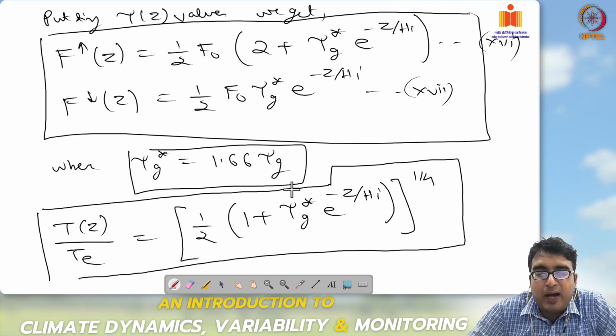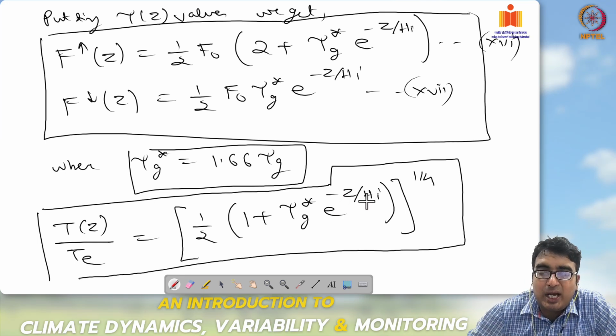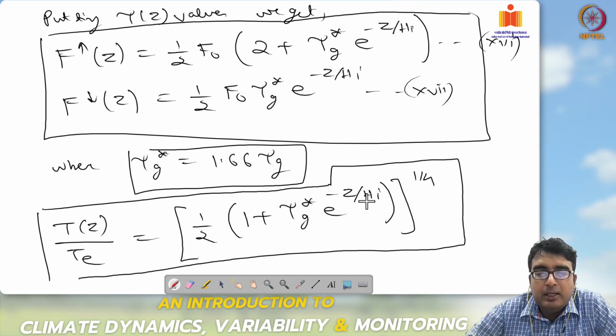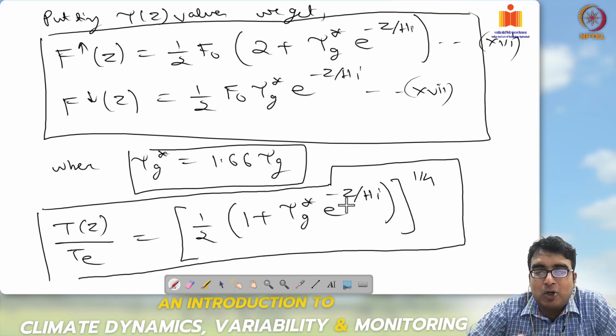This was found to be a function of the modified optical depth of the ground, tau g star, and an exponential function of minus z by hi, where hi is the scale height for the absorbing species. Note that if you have multiple absorbing species, there will be additional terms for each of them. Here we are looking at only the case of a single absorbing species.